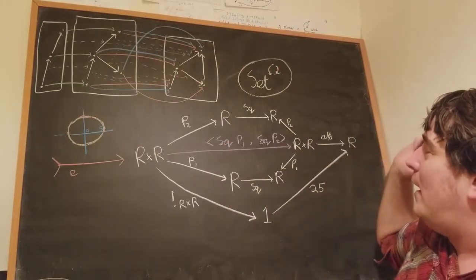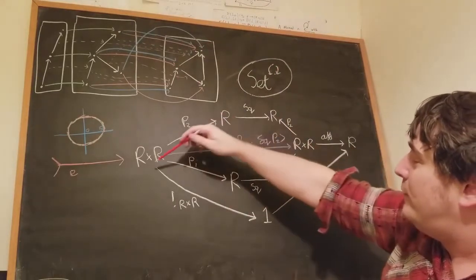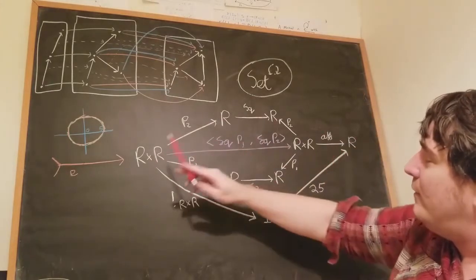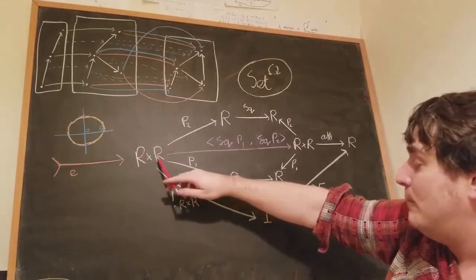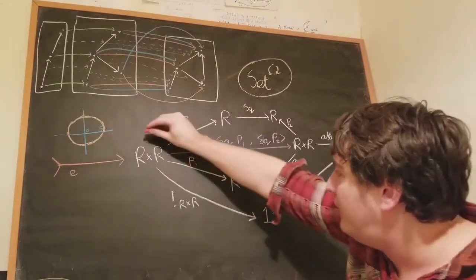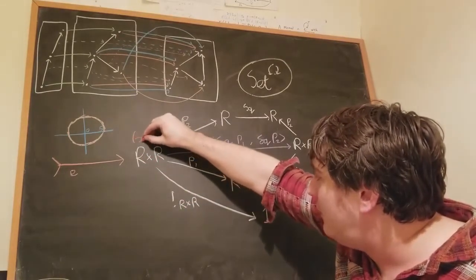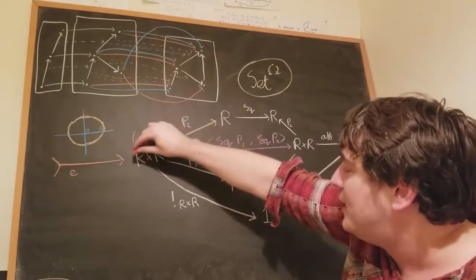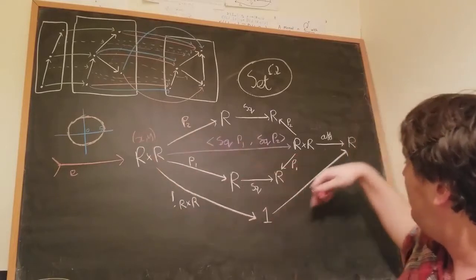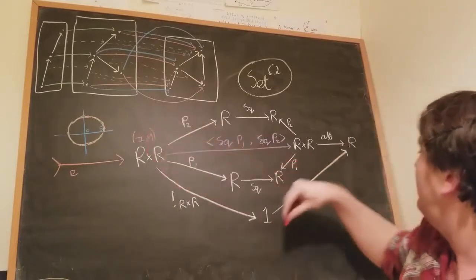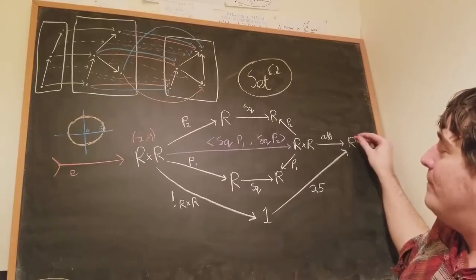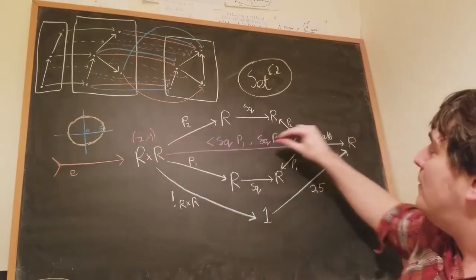Well, this function here, composing, just sends a couple of real numbers. Let's say we have a couple of real numbers, x and y. This would be a point of this object. Well, this function sends that pair to 25. Okay, and what does this function do?